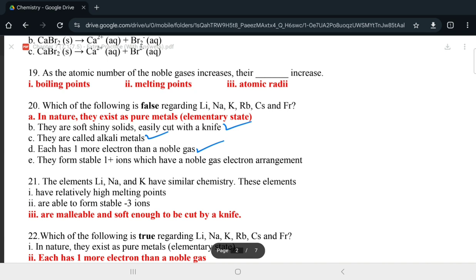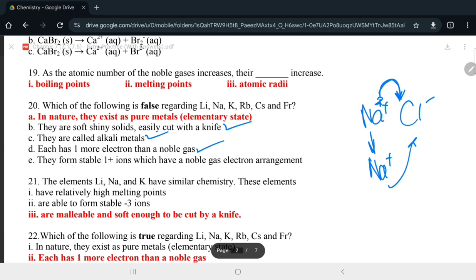But when they react to form ionic compounds, for example, Na reacts with, for example, Cl, it donates the electron, so it loses the electron, so Na becomes Na+, and Cl becomes Cl minus.